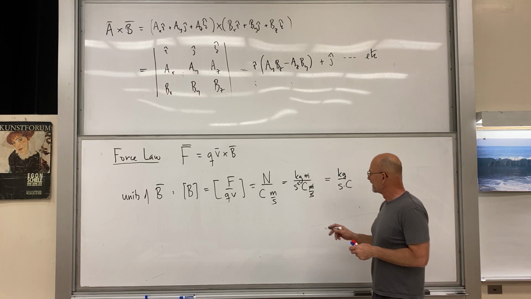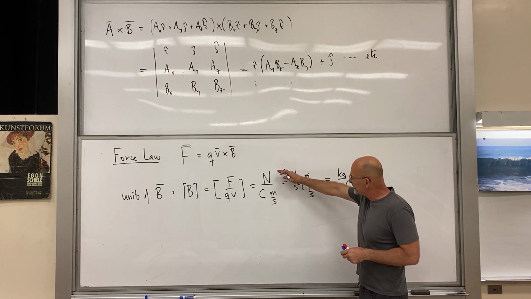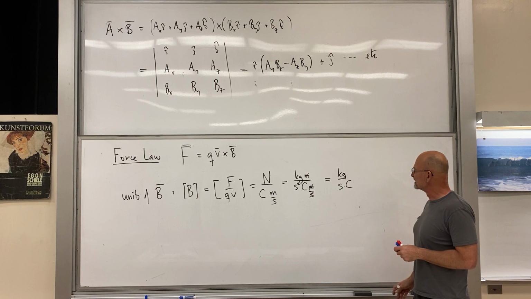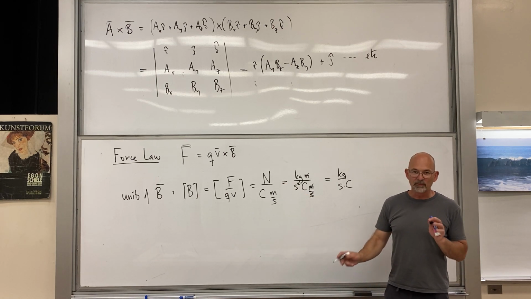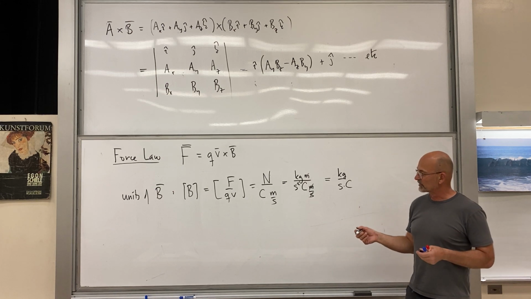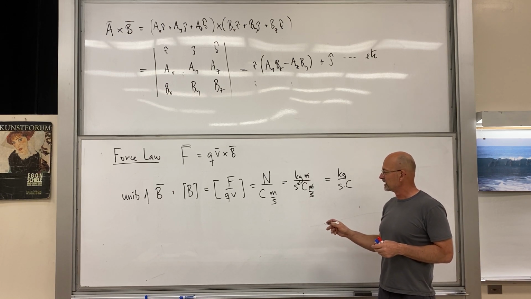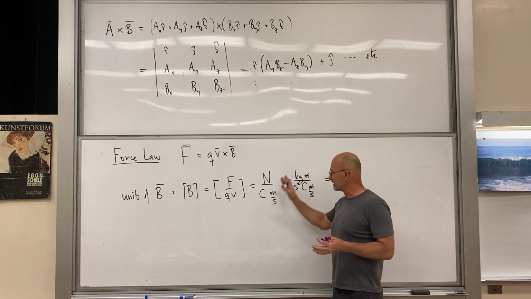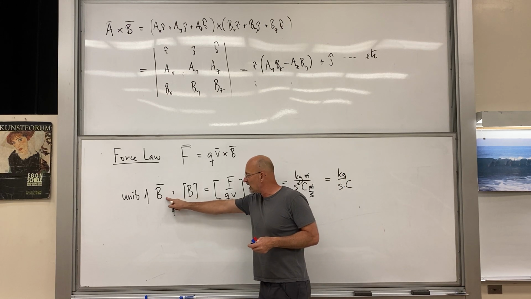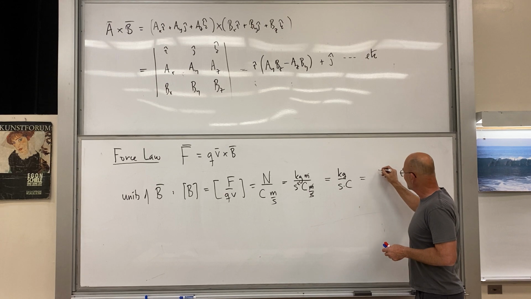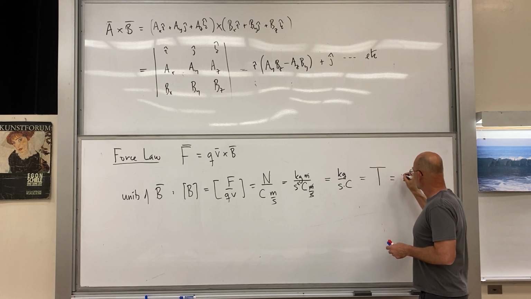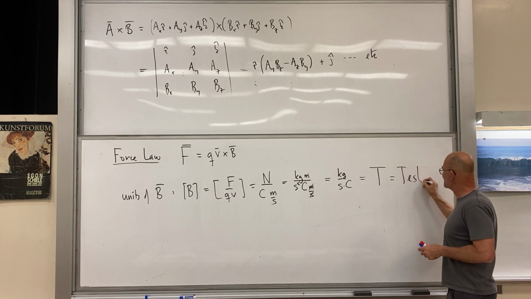So yeah, these are always consistent SI units that we'll always be using, especially when we do our quizzes, right? If I say a B field of 1, then it's one of these. This is referred to as the Tesla.